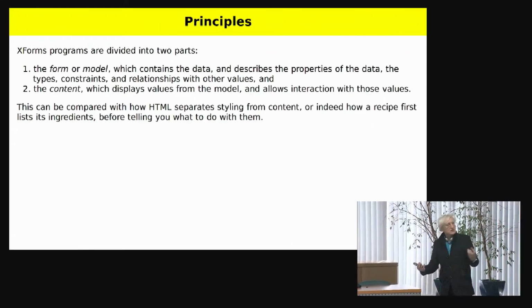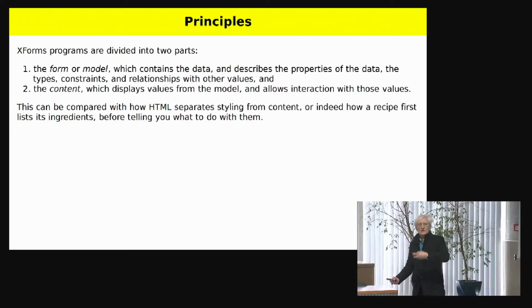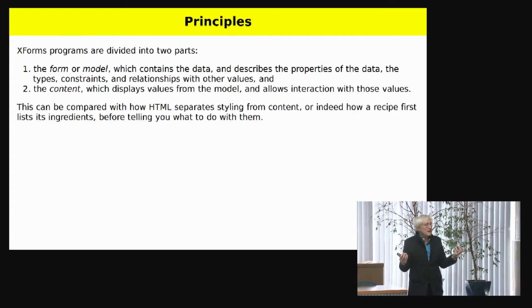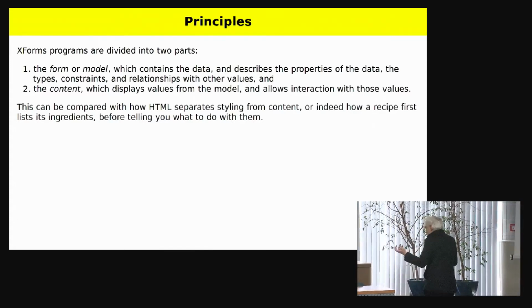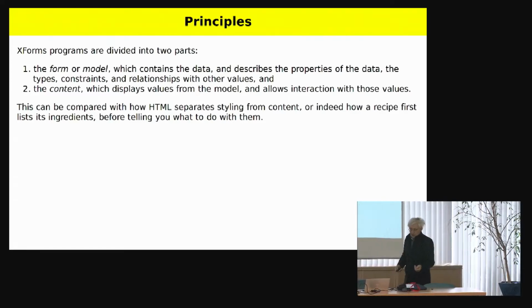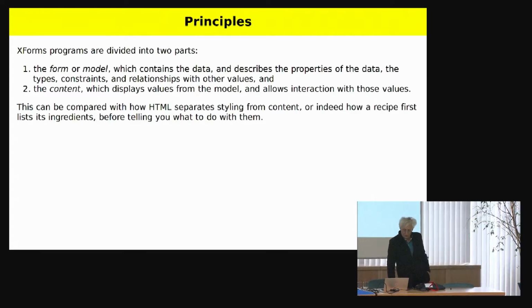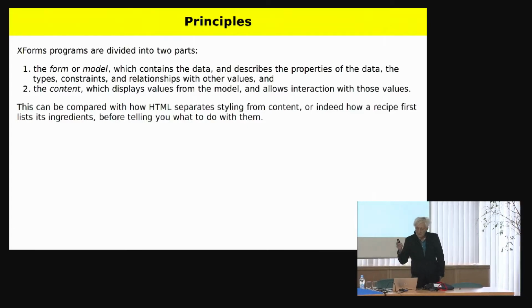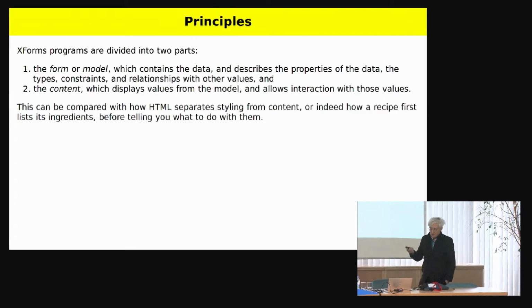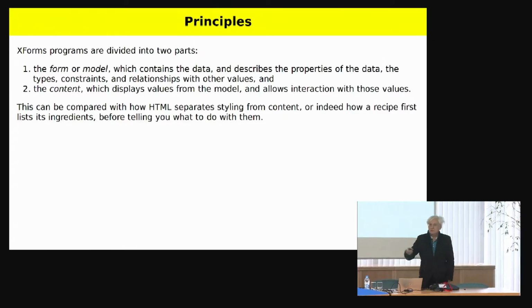In the same way that HTML has content and style, XForms programs are divided into the data part and the content part, which displays the values from the data part. That gives similar sorts of advantages to how style works in HTML or with XML.